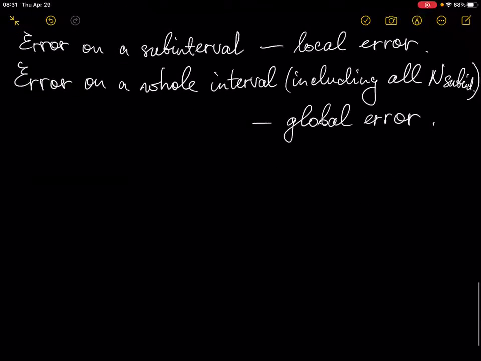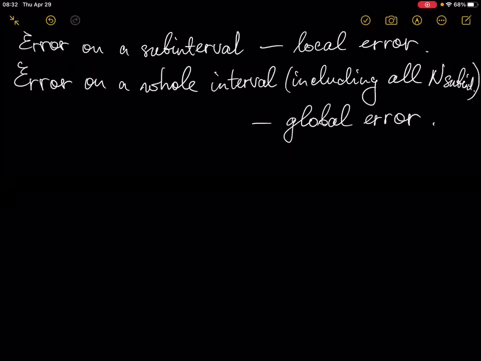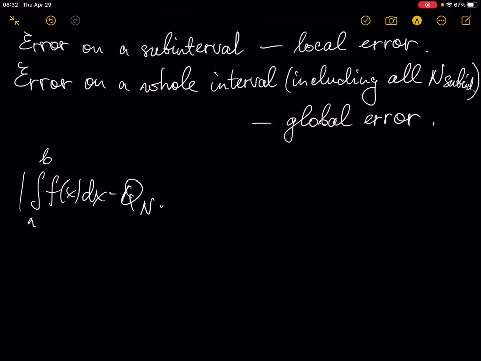Okay, so idea is that the local error is for example like that. So you are replacing, okay, let me write it. Let me call this using n subintervals.